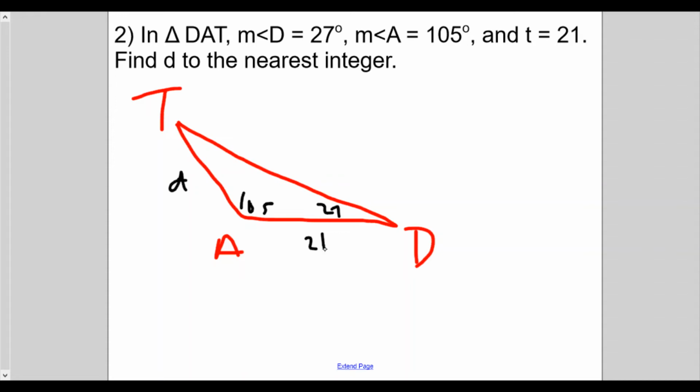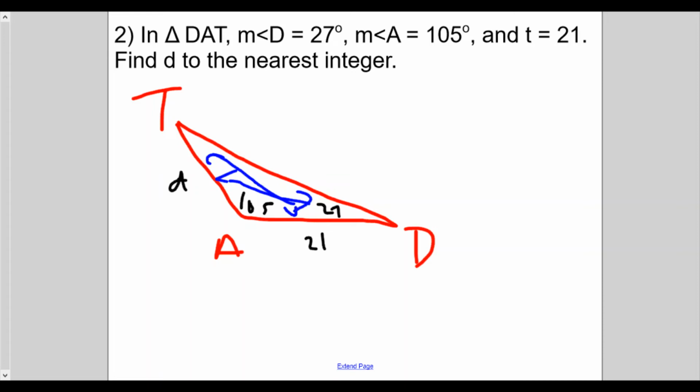But wait a minute. We need to measure angle T, because the law of sines needs a combination of the angle and knowing the side opposite. We can figure this out.